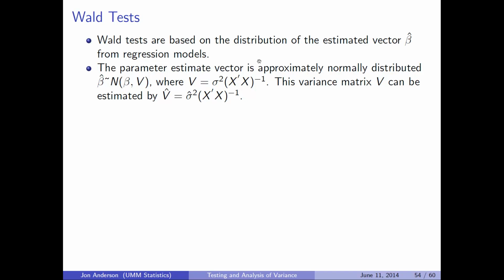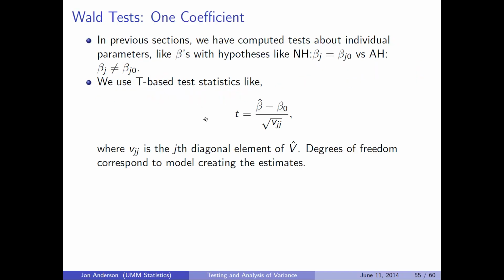So what we need to know is that from our regression models, our estimated beta vector has a normal distribution with the true vector beta as the average and a variance matrix V that is sigma squared times X transpose X inverse. We had this in an earlier set of overheads, and this variation matrix can be estimated by just plugging in the residual sums of squares over the degrees of freedom to make sigma hat squared.